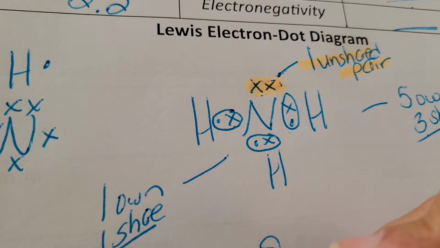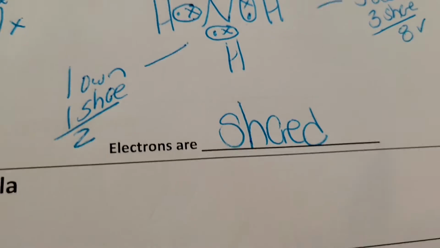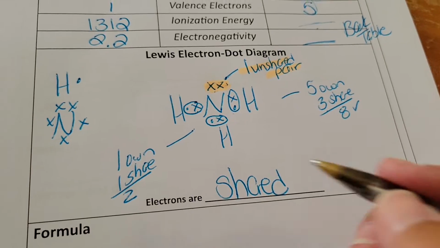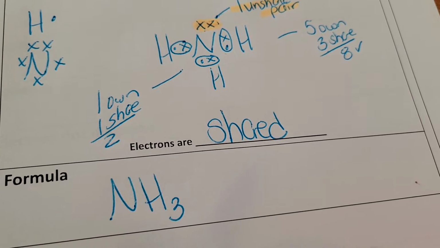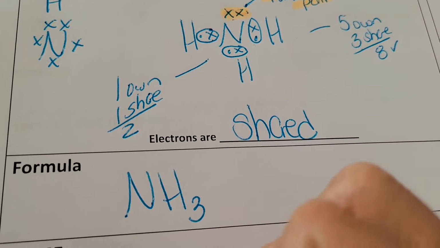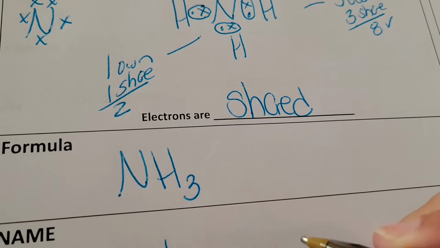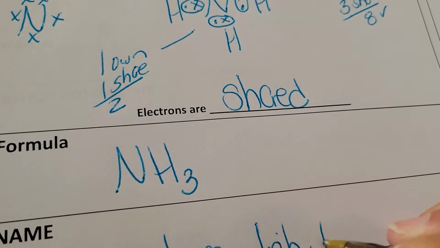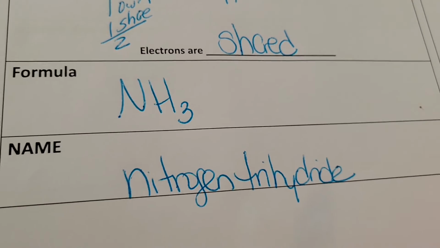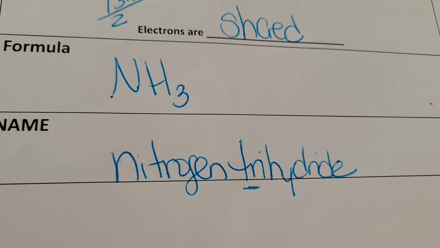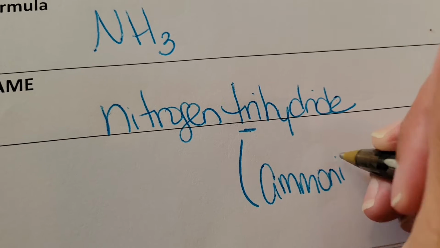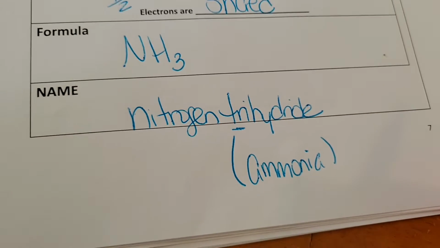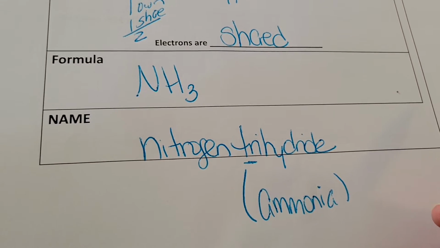So again, our electrons are shared when we're talking about covalent. Our formula is NH3. So it's nitrogen trihydride. So we use our prefix. And then common name NH3 is ammonia, which is a very weak base.